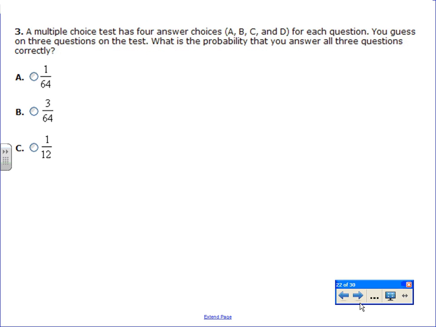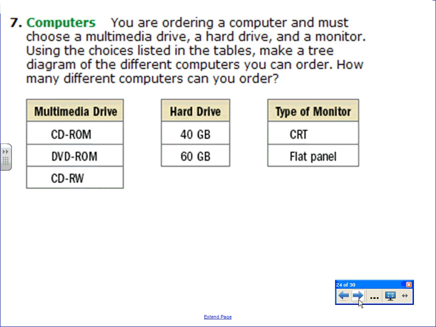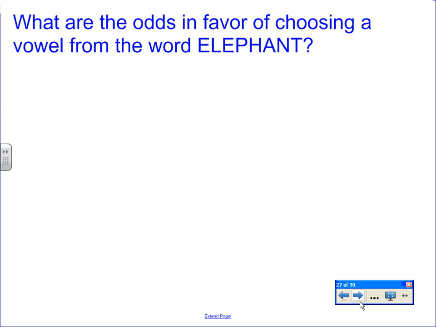What are the odds in favor of choosing a vowel, A-E-I-O-U, from the word elephant? Good job, Grace. Awesome, Ray. Drew, be careful. Never use total with odds. Try that again.